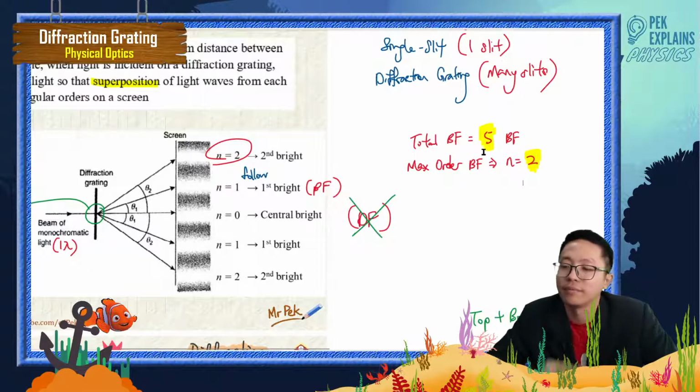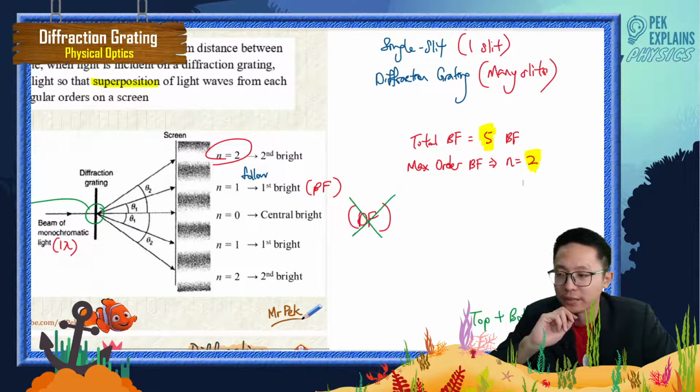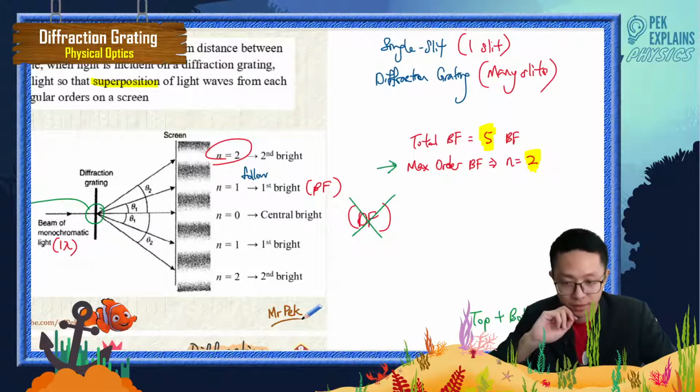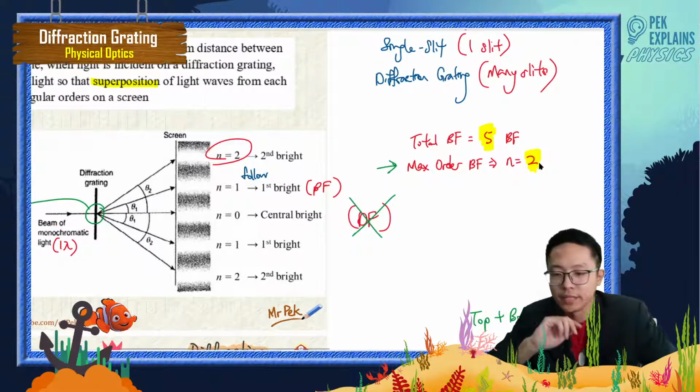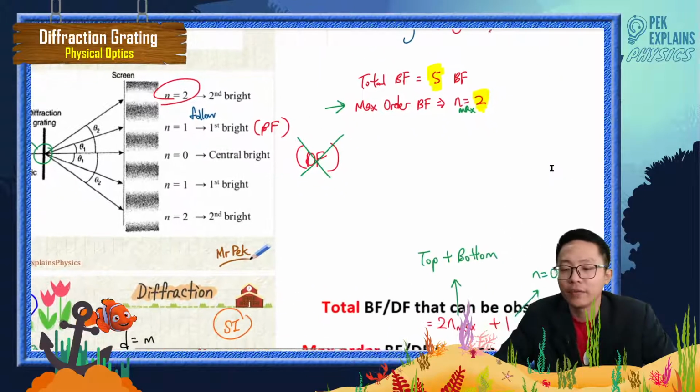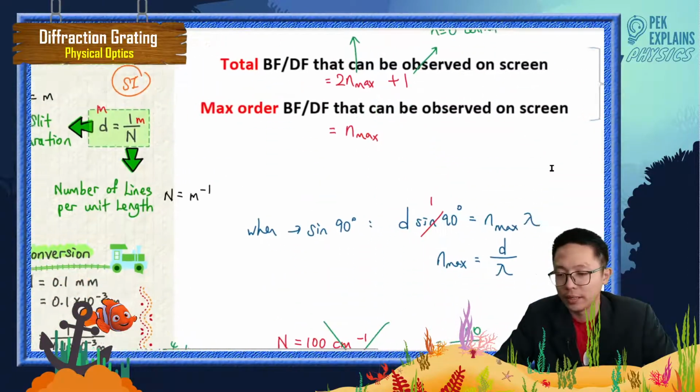So now, how to find? First of all, how to find this maximum order of bright fringe that can be observed? Yeah, I can just write this as n max. How to find this maximum order? Very easy.